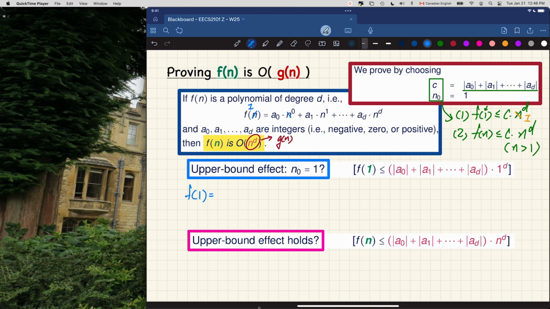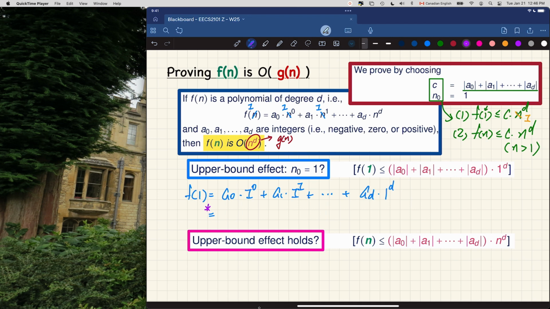So N here will be 1, and also N here will be 1, etc. I got A0 times 1 to the power of 0 plus A1 multiplied by 1 to the power of 1 plus all the way to AD multiplied by 1 to the power of D. All right? And I'm going to do some simplification over here, and then I'll put some justification here as well in a moment.